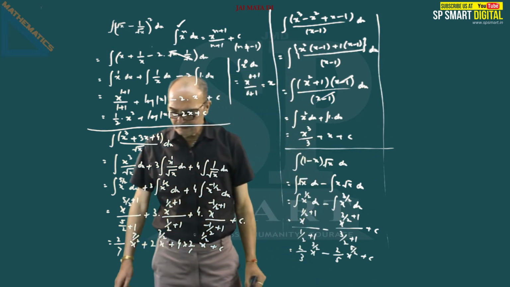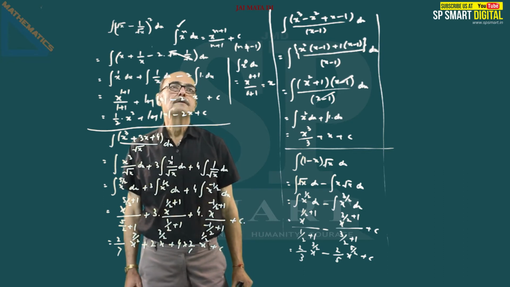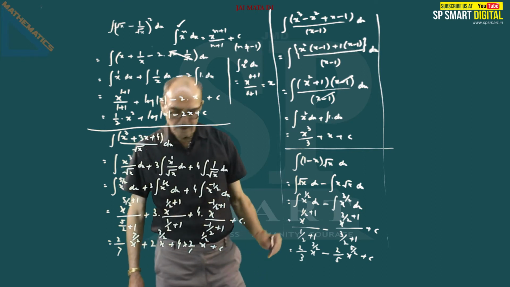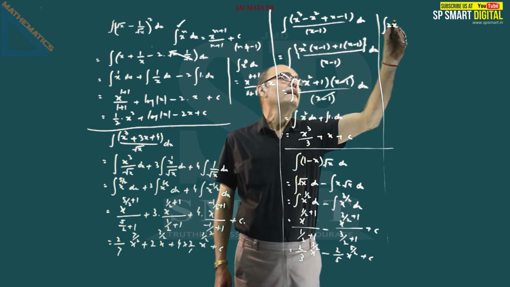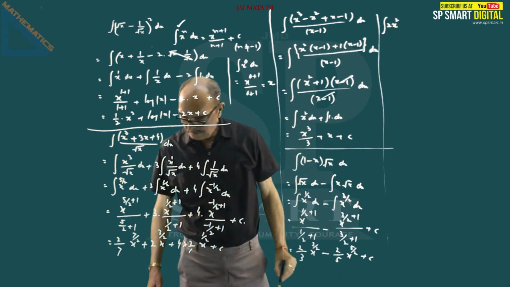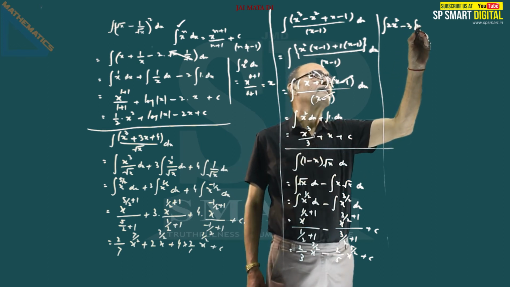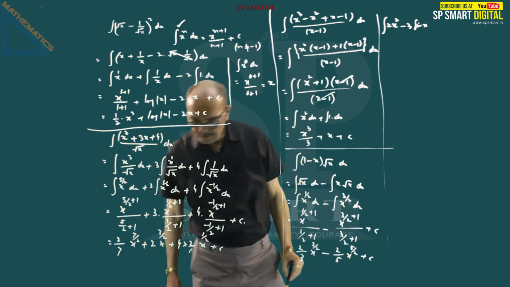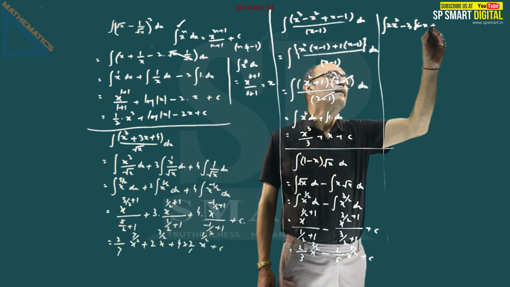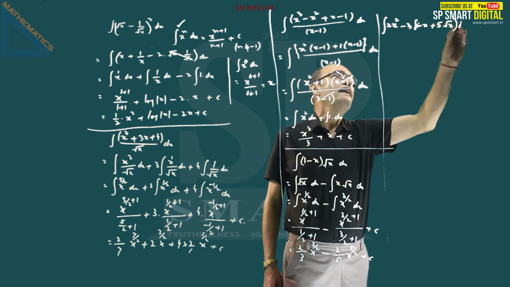We take up another example. In the next example we have the integral of (2x square minus 3 times sine of x plus 5 times root x) d of x.